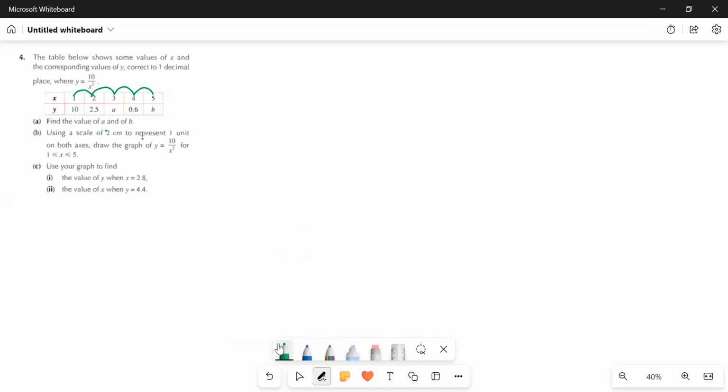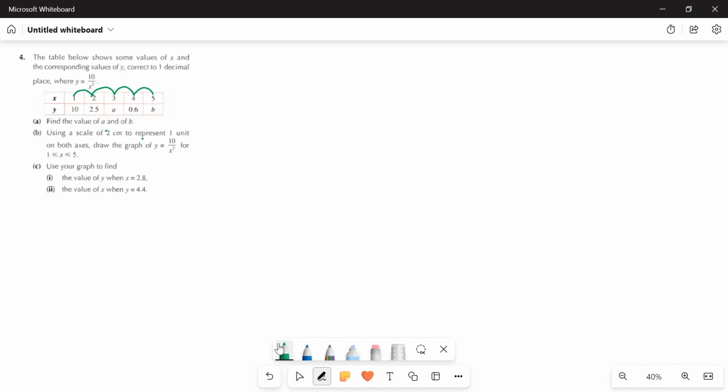Okay, now go to mode, press 7. Our function is a fractional function. So you will put the fraction here. Above is 10 and the denominator is x, alpha x, and then press x squared. Now the first value is 1 and the last is 5 and the difference is 1.